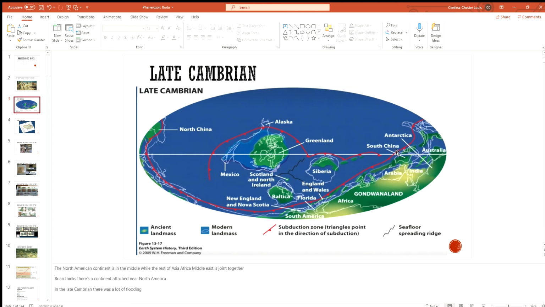Most of Asia, Antarctica, the Middle East, all of those other continents are here. Our prof suspects that there was no subduction zone here, and there was a continent that sunk here.